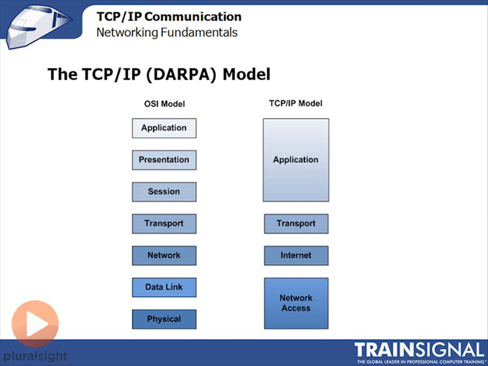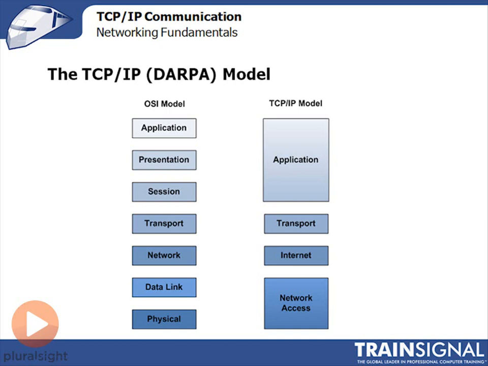The transport layer, I think, is the easiest because it's pretty much a one-to-one mapping with the transport layer of the OSI model. The internet layer, which I told you has also been referred to as the internetworking layer or the network or networking layer, relates to, well, coincidentally enough, the network layer of the OSI model.